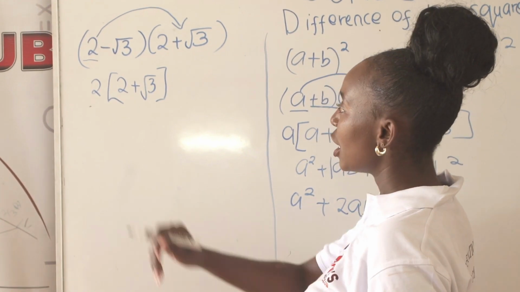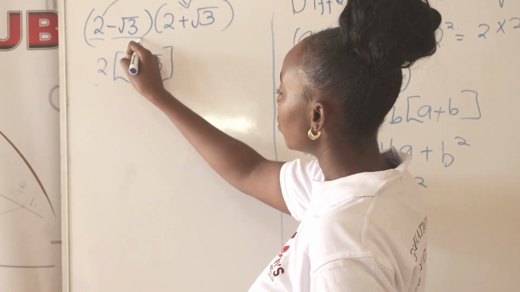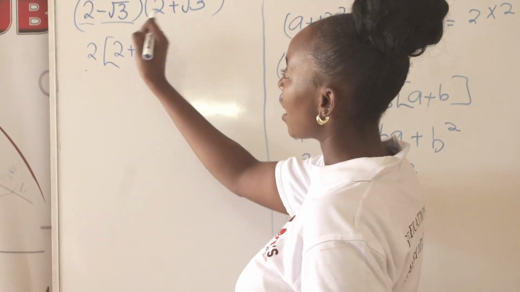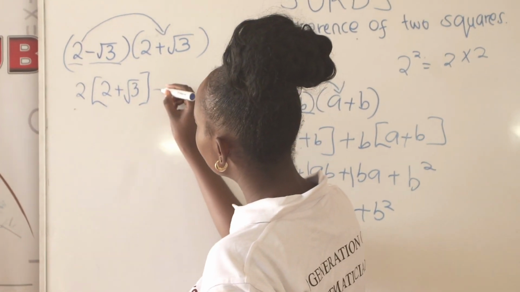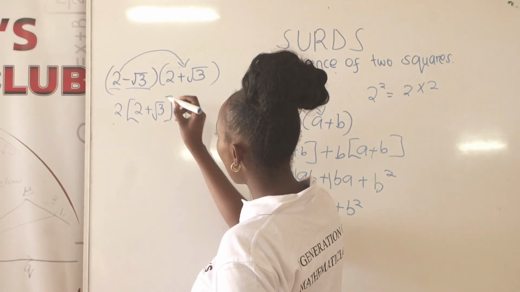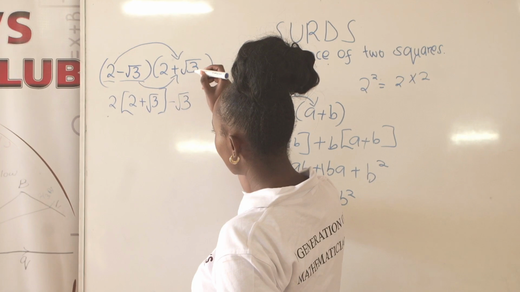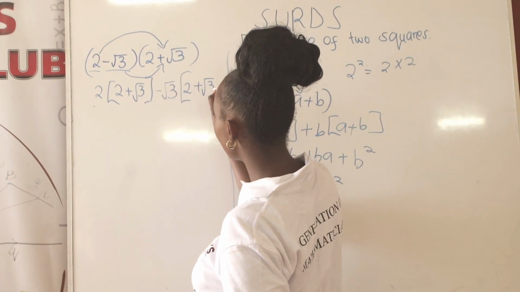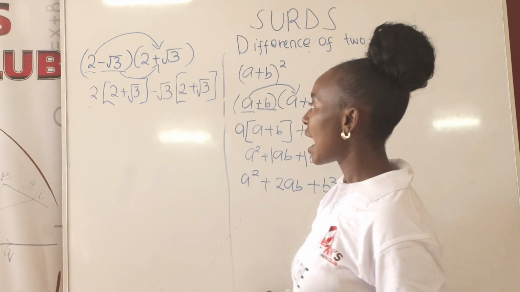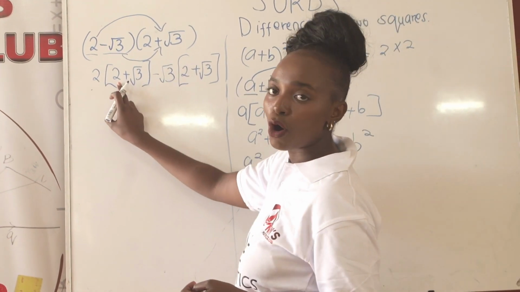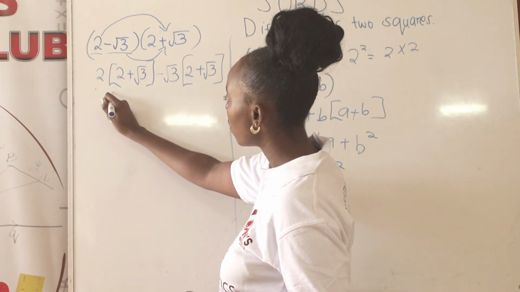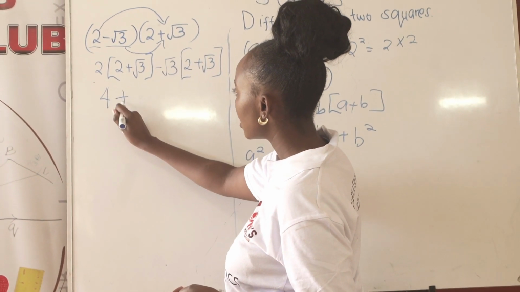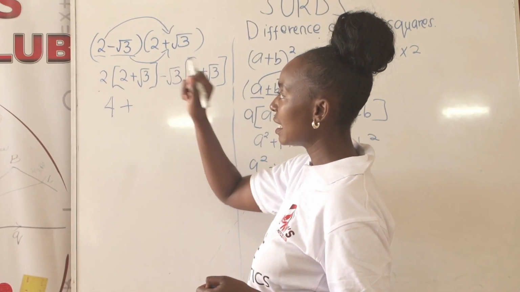Okay, then you take this next value, and remember when you're taking it, you carry to the side negative root of 3. Again, you multiply it with everything here. So you multiply it with 2 plus root of 3. So this becomes 2 times 2, you open the bracket, 4 plus 2 times root of 3.